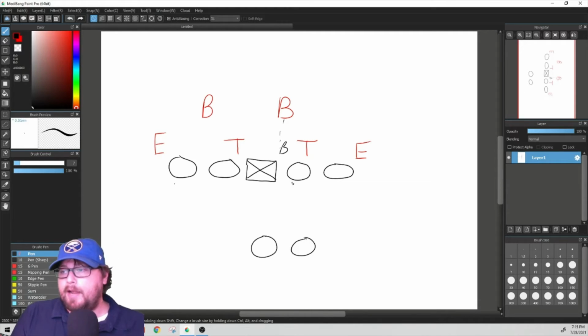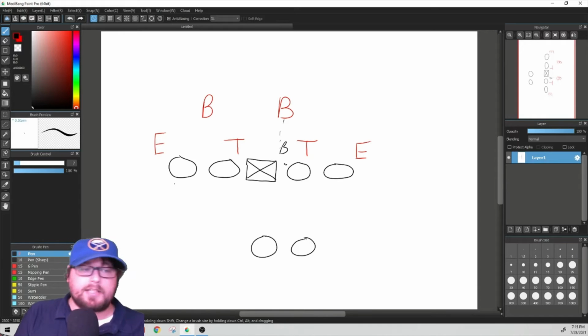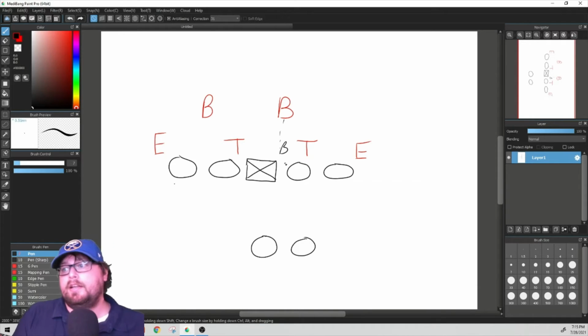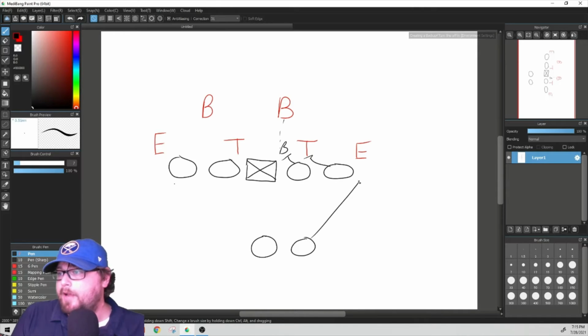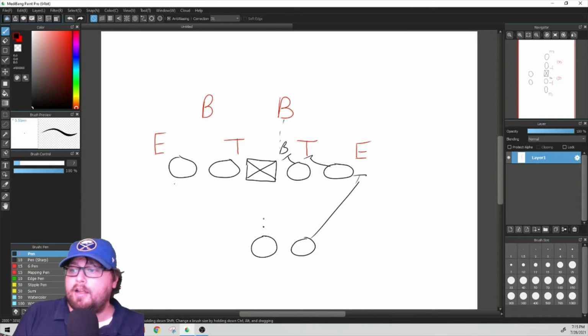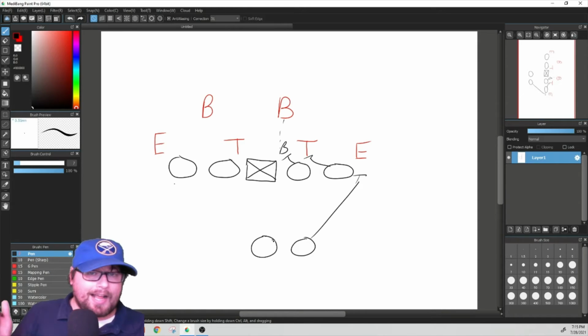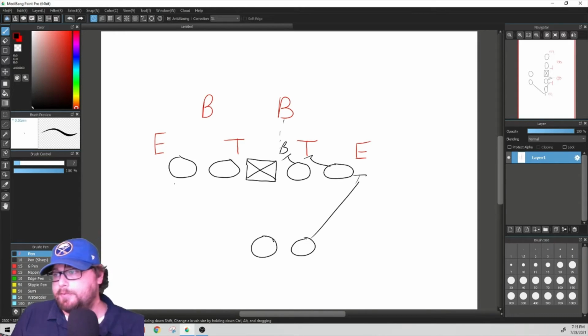So what would end up happening is if this guard saw this, we gave a gap call. Basically, the running back's man is in a gap. So he would give a gap call, and then this guard would go here, this tackle here, running back would get the end. And also the quarterback would know, hey, I've got a running back on a defensive end, I need to get the ball out as quickly as possible.